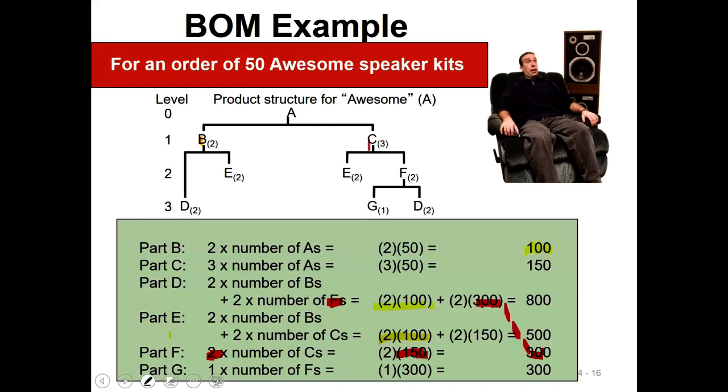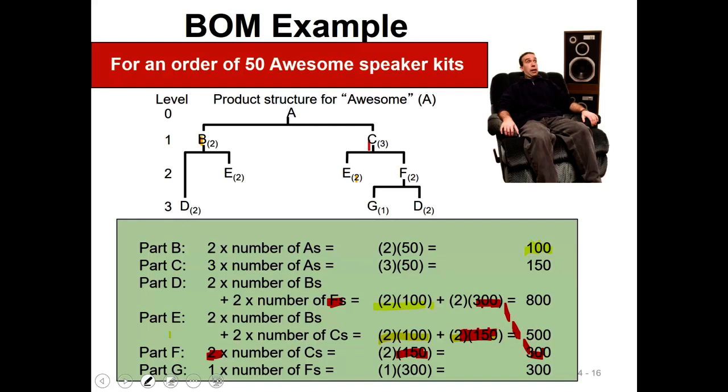And 2 Cs. In order to make one C, you need 2 Es. So 2 Es is 2 times 150. That's 150 representing C. Now in total we have E as 500.